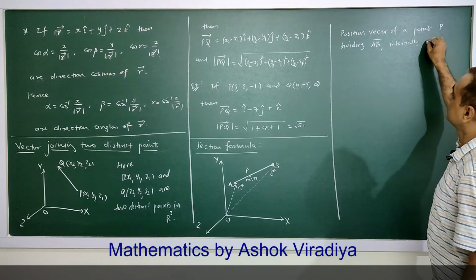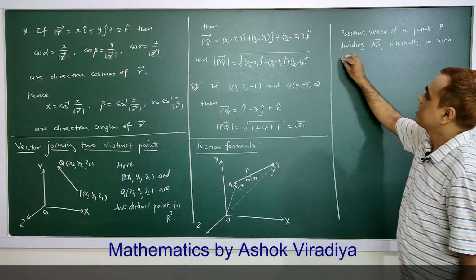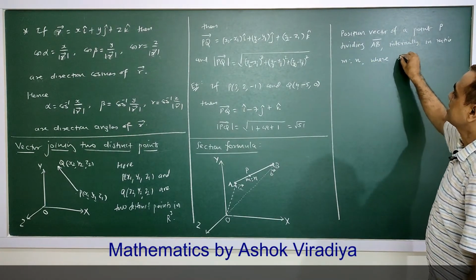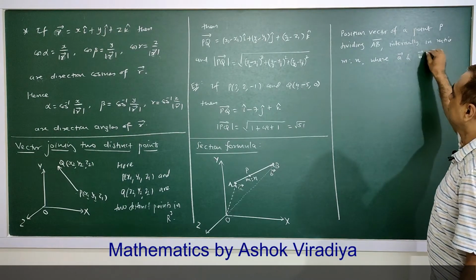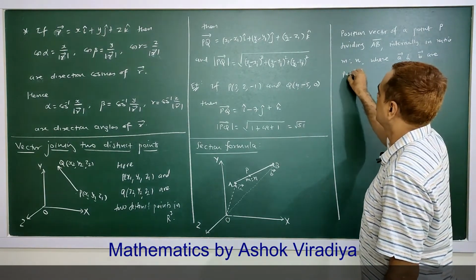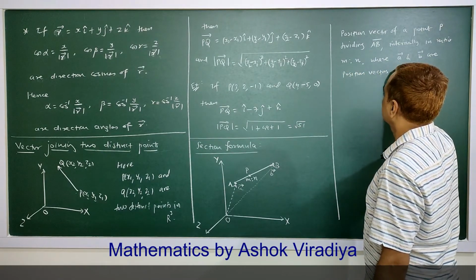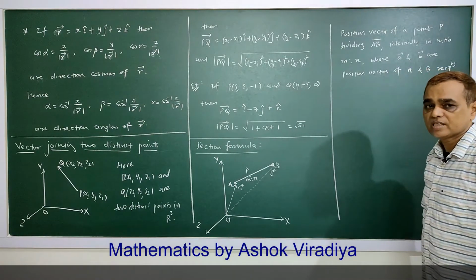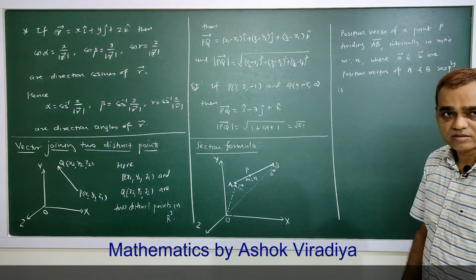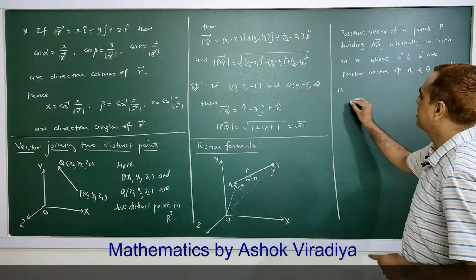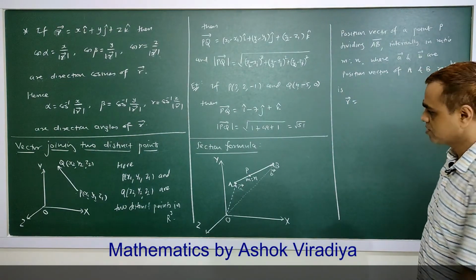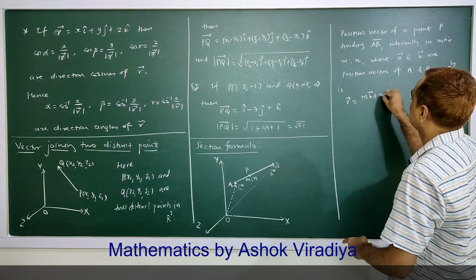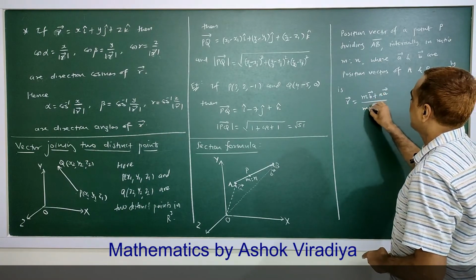Internal division in ratio m is to n, where A bar and B bar are position vectors of A and B respectively, is, so the position vector of P, R bar, is equal to mb bar plus na bar upon m plus n.